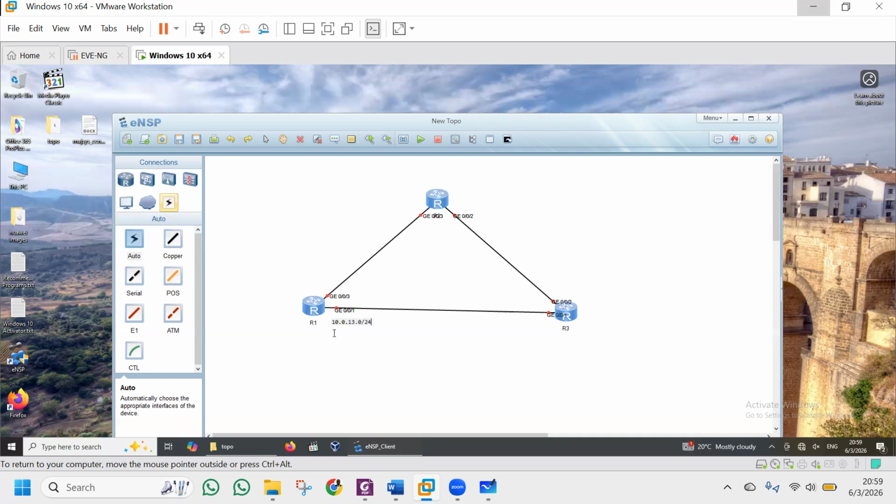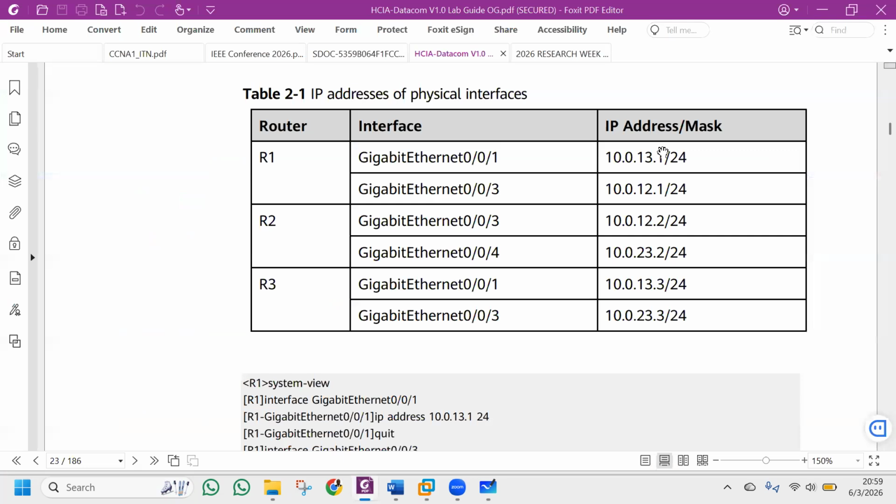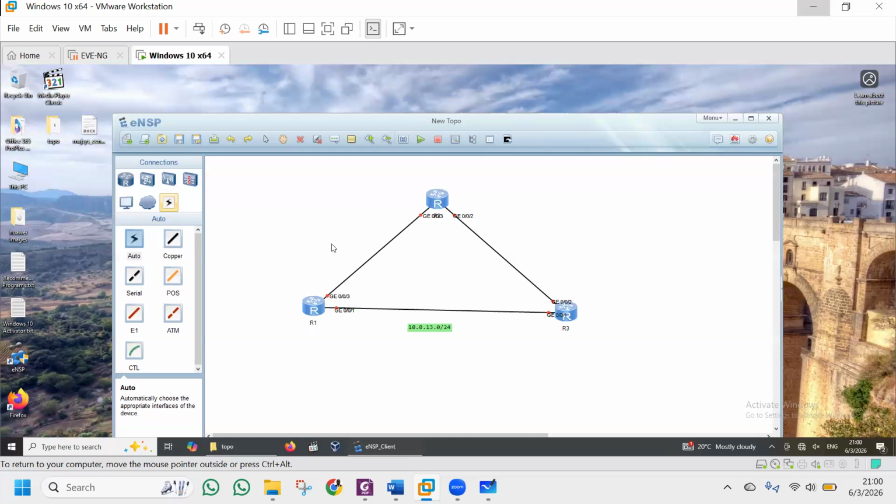We know all the interface IP addresses are .1, I think. It's not all of them. So this is .1. Then R1, the other one is 12, so 3 and we are 12 here.